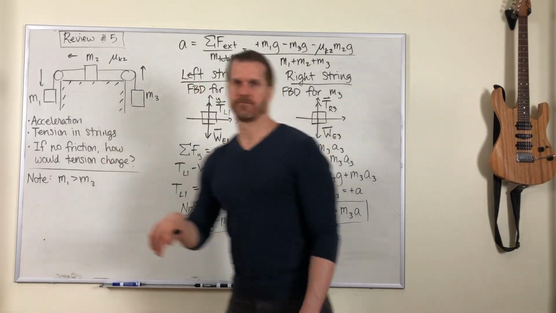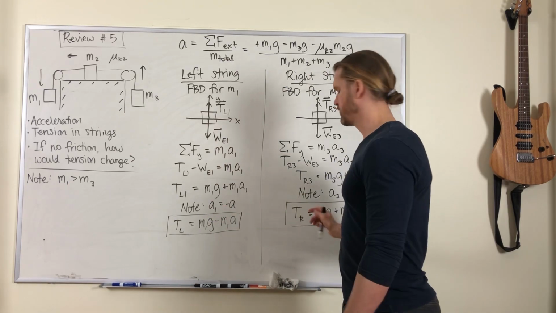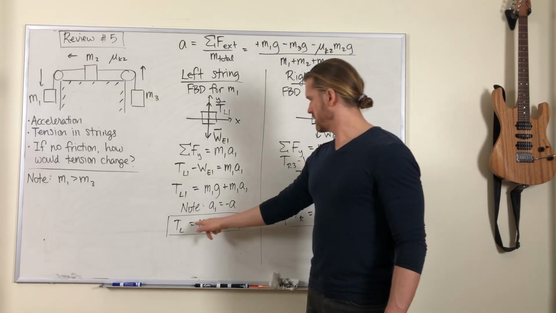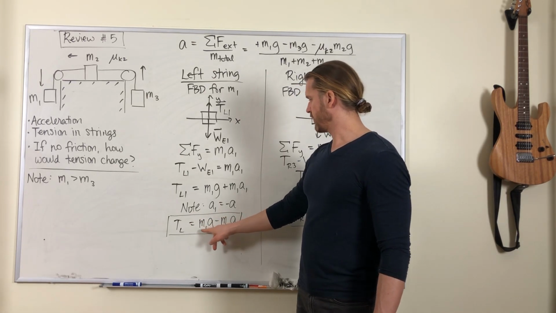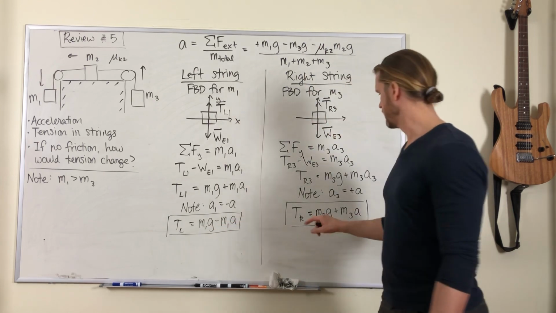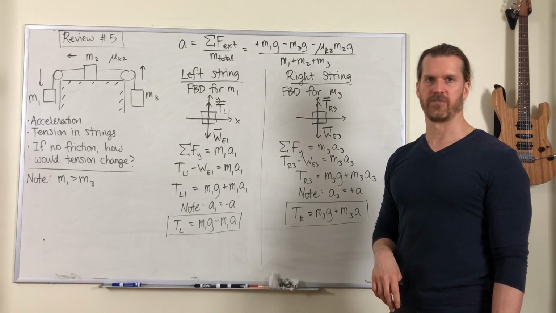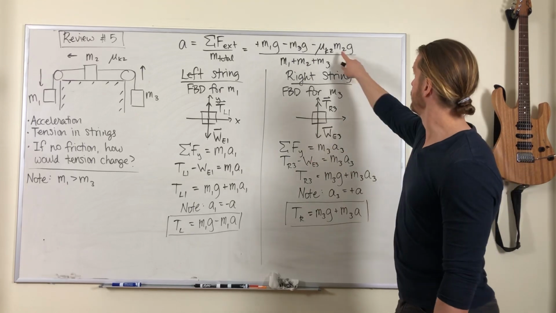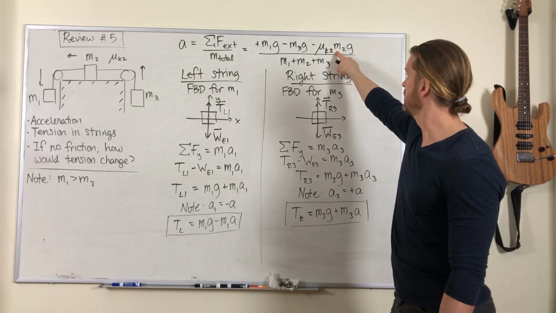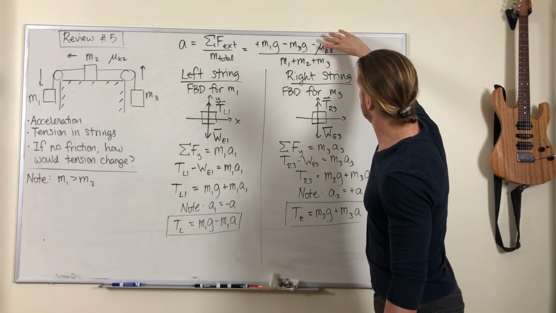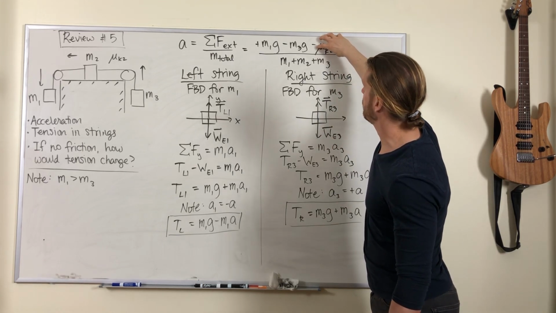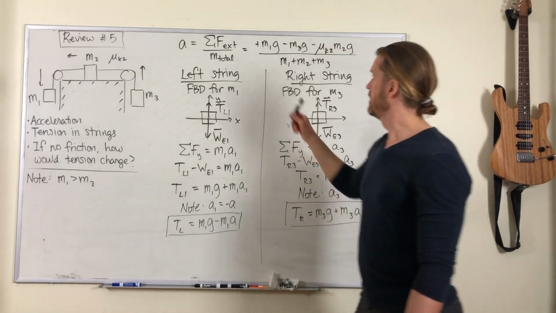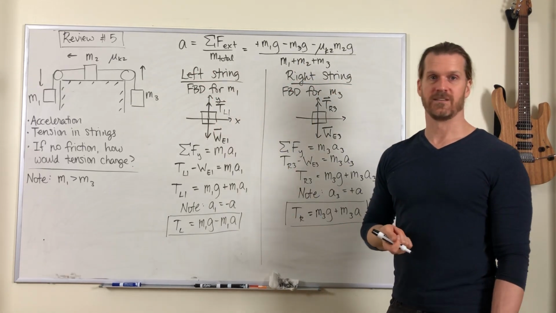If there were no friction, how would these tension forces change? Well, let's look at these expressions. You can see that these tension forces depend on the weight of those objects. That's not affected by friction. And they also depend on this acceleration value, which is affected by friction. So imagine that there's no friction and this term disappears. Because this term is subtracted, that means the acceleration would be faster.